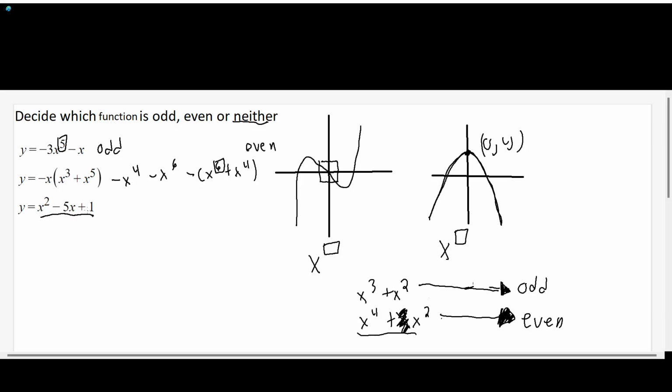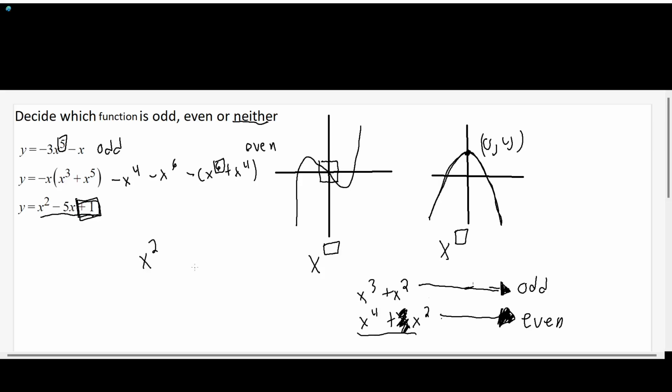This has this plus 1 shift. This parabola is shifted by 1. So wherever its vertex will be, if we just have x squared minus 5x, wherever it will be, it'll shift 1 to the right.